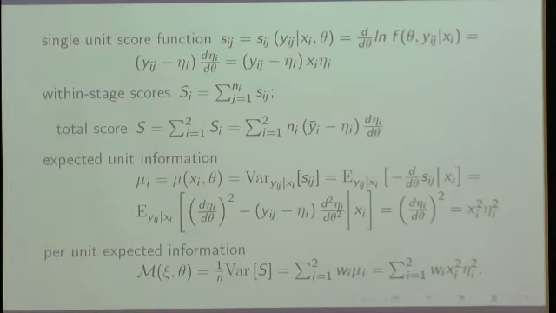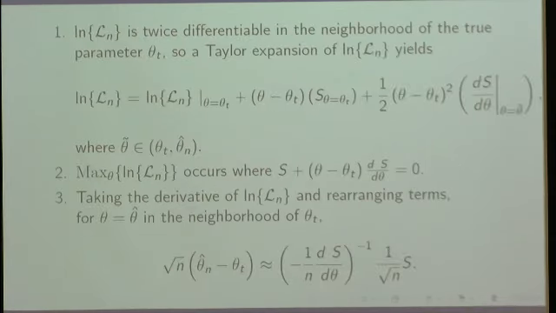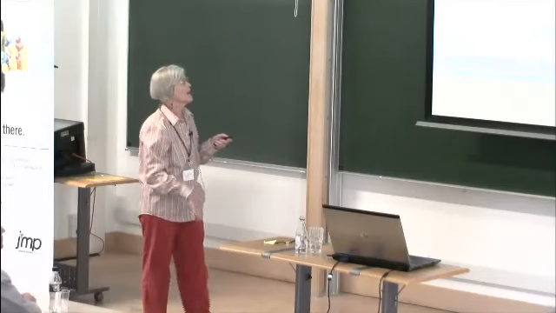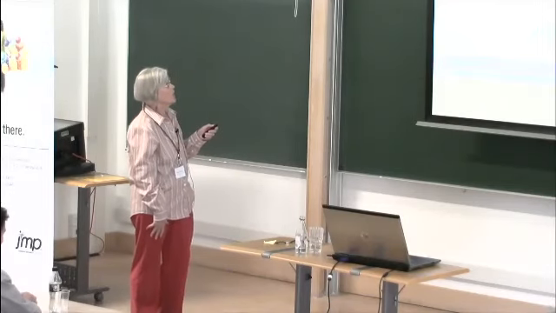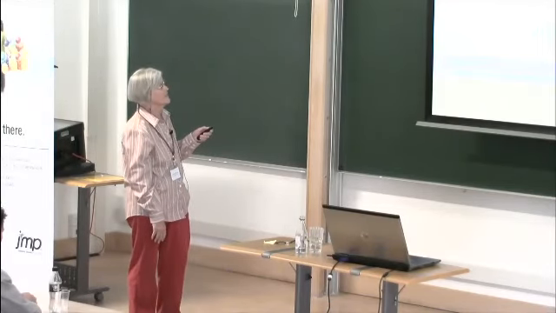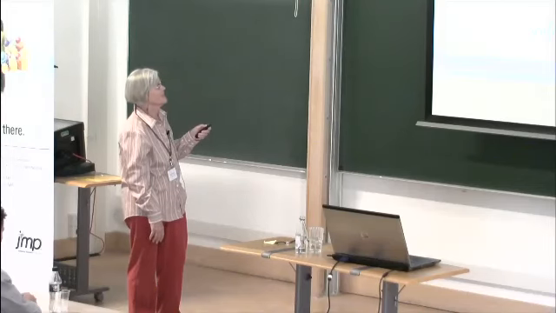Okay, so the information is only important as it relates to the variance of the parameter estimates. So that's where I'm going here. We have to get the relationship between the variance of the score function and the variance of the parameter estimates. And so we have this standard set of conditions.